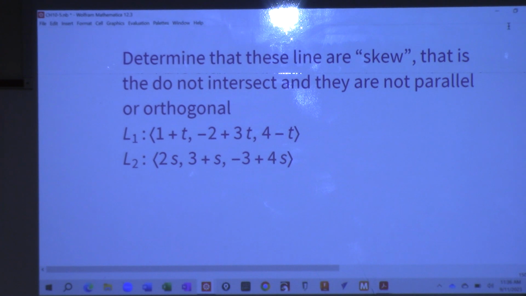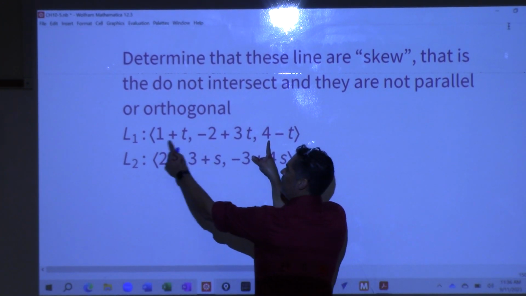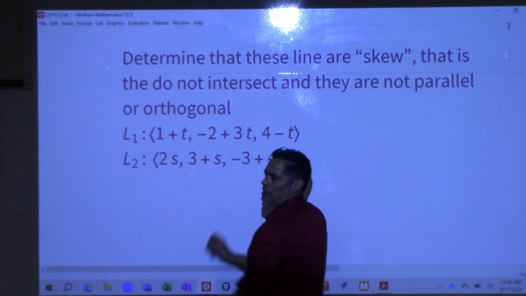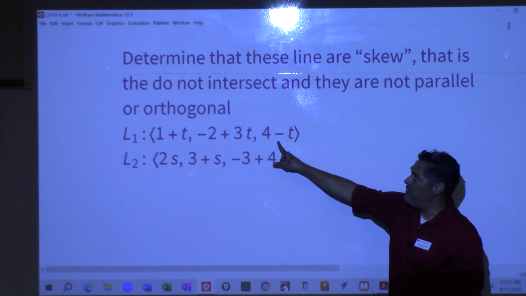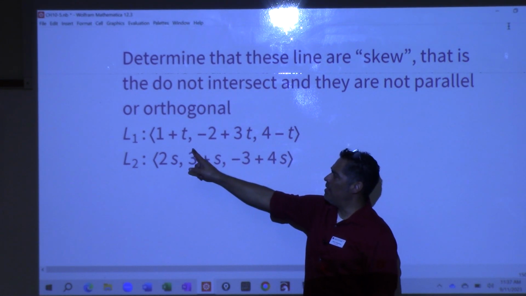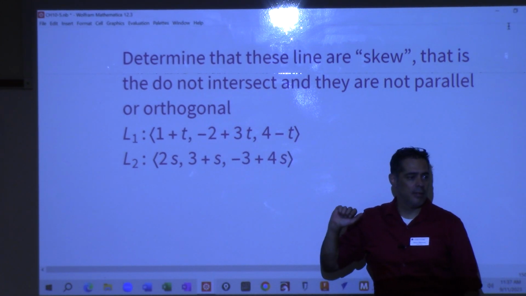Good. You're getting that by just reading off those 3 numbers, right? All right, can you tell me the direction vector of this line? Nope, not the T. It's the coefficient only. 1, 3, negative 1, right?